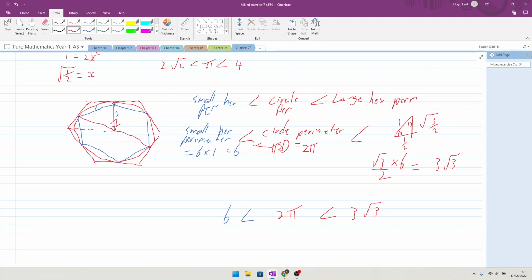I think I've done something wrong there. Messed up my triangle there. It's not 1 on that. That should be a triangle with a 1 here, and I'm looking for x here. Okay.